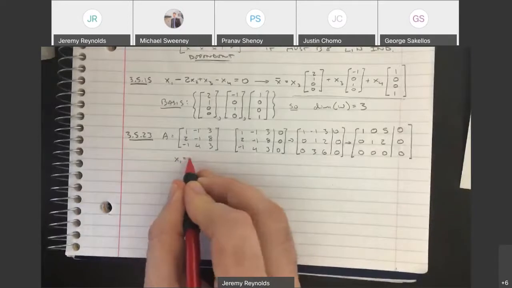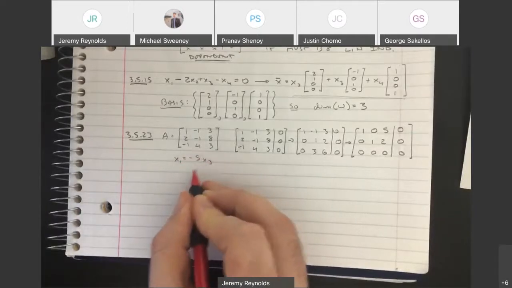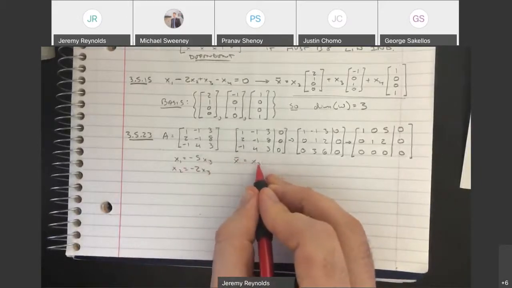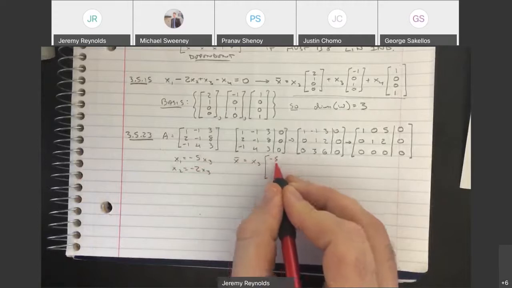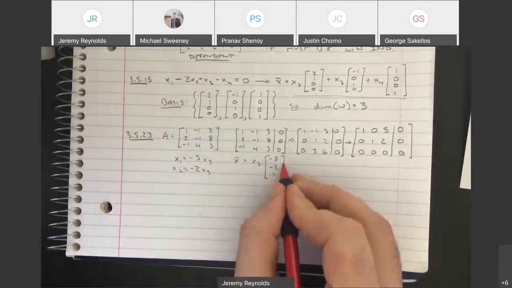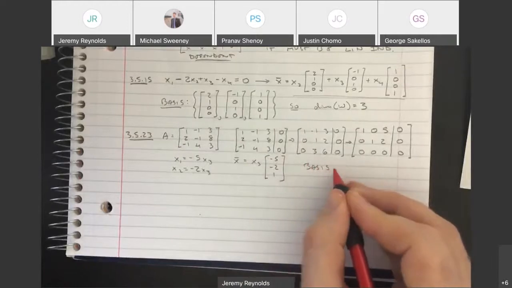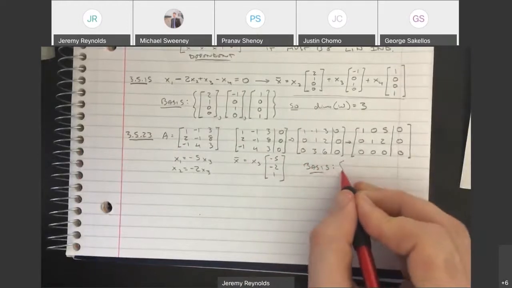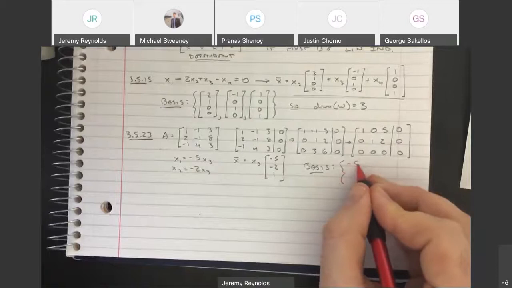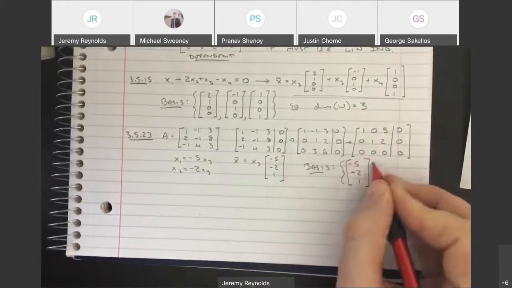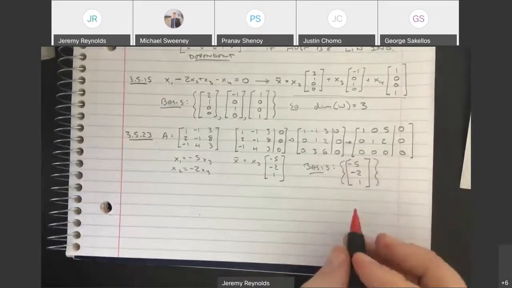So x1 equals -5 x3, and x2 equals -2 x3. So x equals x3 times (-5, -2, 1). So the basis is going to be the set containing (-5, -2, 1). It's just one vector.